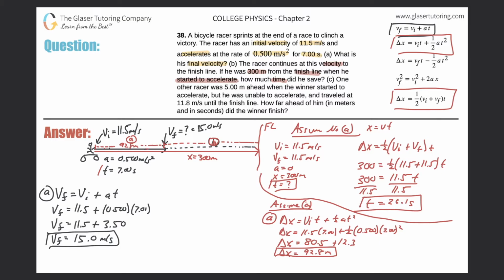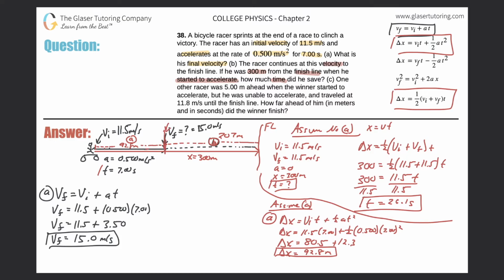Take 300, subtract 92.8. So this should be about 207, and we have to consider significant figures here, so it'd be 207 meters would be left. So now this is essentially my part B. Remember, this is the dividing point. So what's the velocity here?